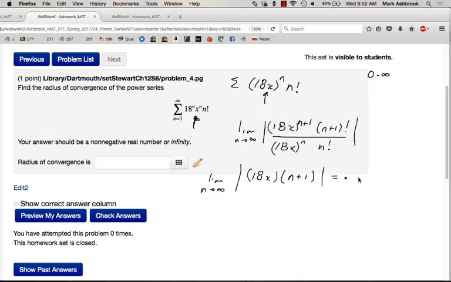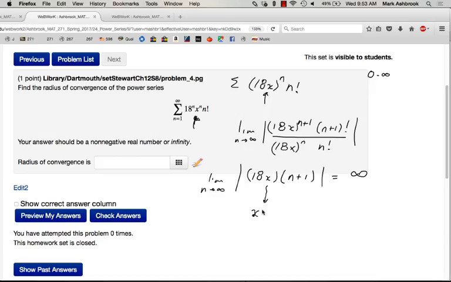So pick x to be any value, and this will be infinity, except there's only one value of x that will prevent this thing from going to infinity. And that's x equals 0, right?